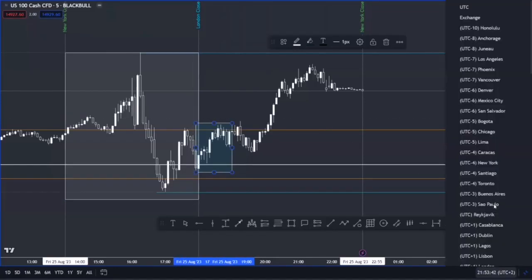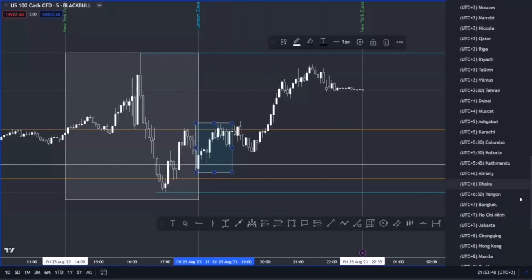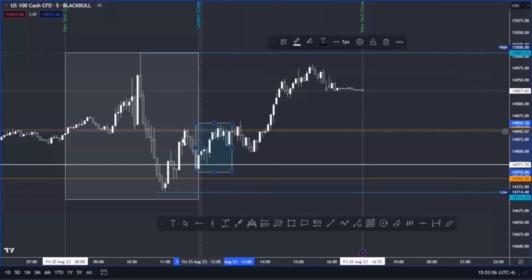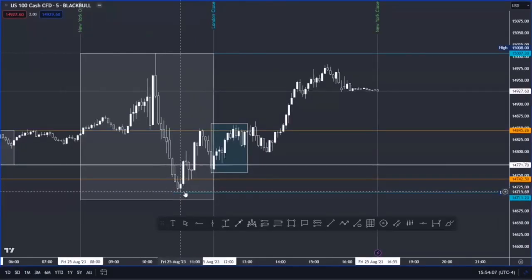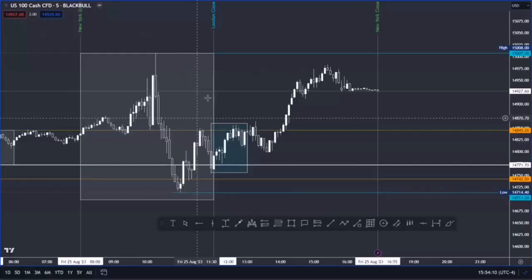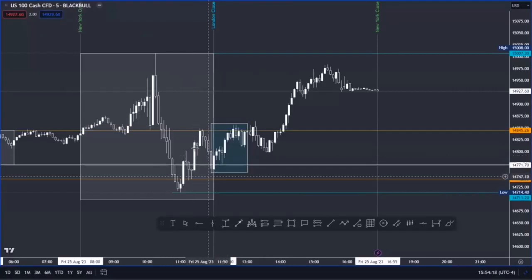Normally, guys, after I set up my local time, I always want to go back to New York. So after I draft my things, I always want to go back to New York. Now, the reason why there are reversal conditions in the market between 10 and 11 is that this reversal condition happens at what I would call the height of going towards the London close session for Forex.